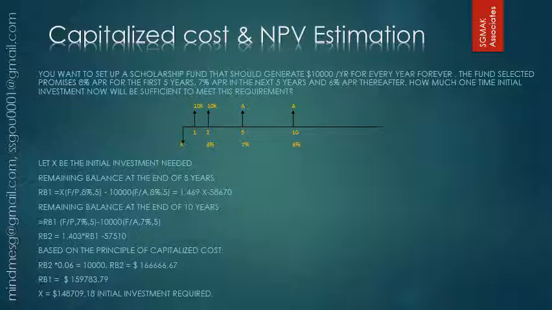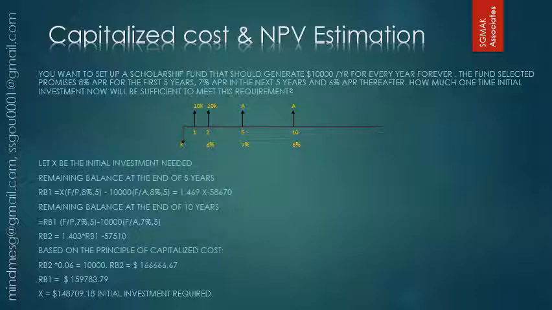So you're taking all cash flows at the end of year 5 to find out how much is still remaining, having made the 5 payments. You have an expression for that, which carries the variable X.